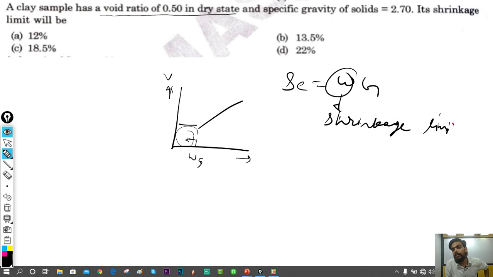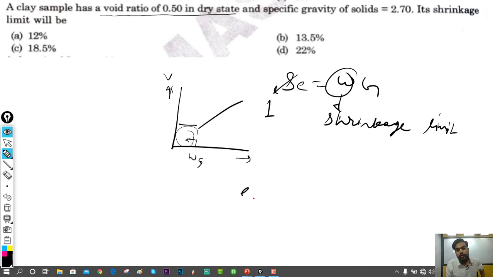Shrinkage limit means the water content at which our soil is saturated. So at the shrinkage limit the value of S is 1.